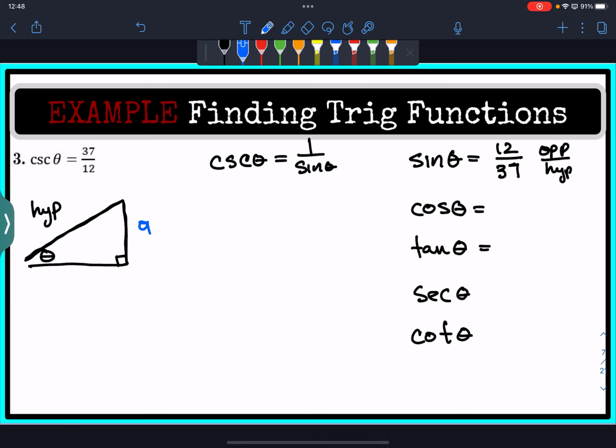This would be the opposite side of this angle theta, and this would be the adjacent side to this angle theta. Well, according to this ratio here, I know that the sine of this angle is the ratio of 12 over 37, which means that the opposite side is 12 and the hypotenuse is 37.